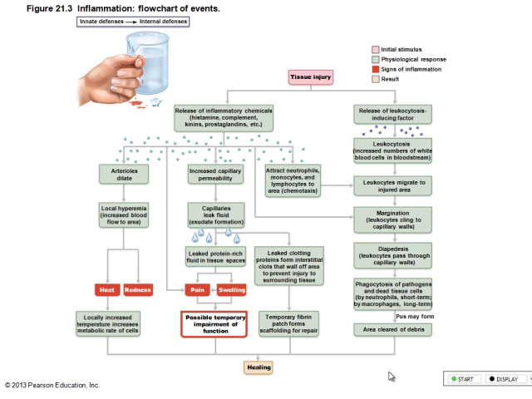So we release chemicals from the cells, things like histamines, complements, kinins, prostaglandins. These are all chemicals inside the cells, and they're released when the tissue is damaged. That is going to induce something called leukocytosis, which is what? Yeah, it's going to increase the number of white blood cells and also attract cells to the area.